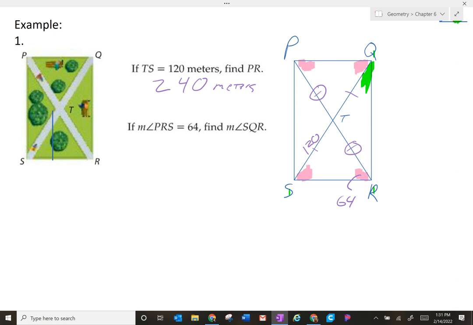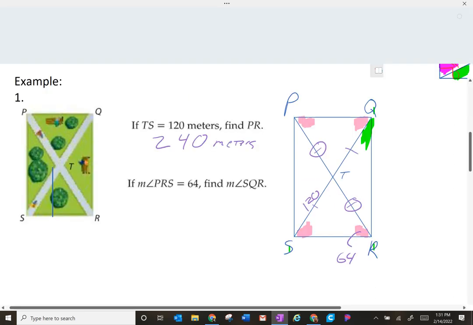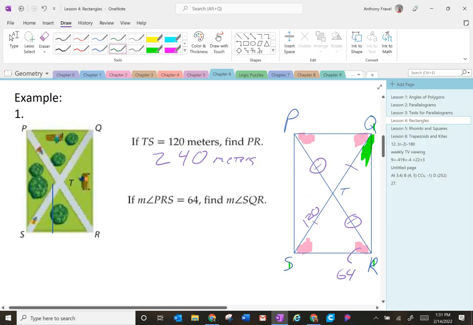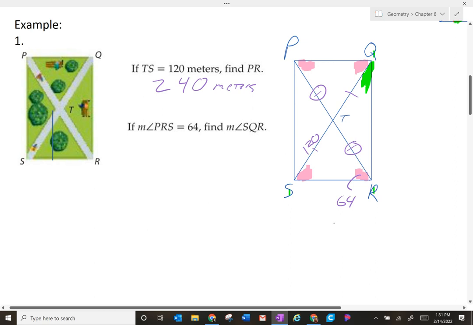They're all 90 degrees. So I can take 90 degrees minus this angle, and it'll tell me what this one is. I'm going to have 90 degrees minus that 64, so it'll give me 26 degrees. That tells me that this angle over here is 26 degrees.